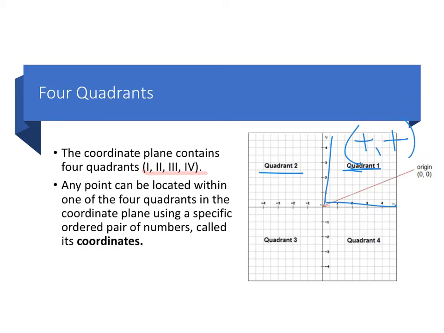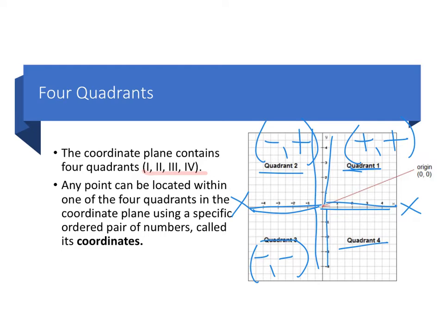Quadrant 2 has a negative to the left on the x-axis and a positive y, so since x comes first, it's negative, then positive. Quadrant 3 is a negative x and a negative going down, so it's a negative, negative quadrant. And quadrant 4 is a positive x first and a negative y, so it's a positive, negative coordinate pair.